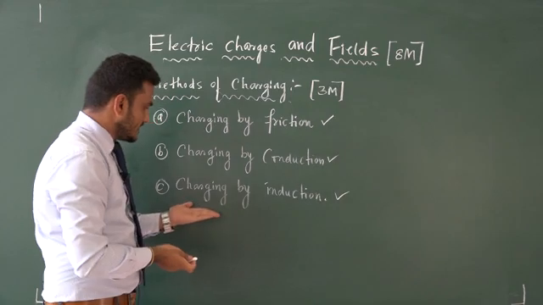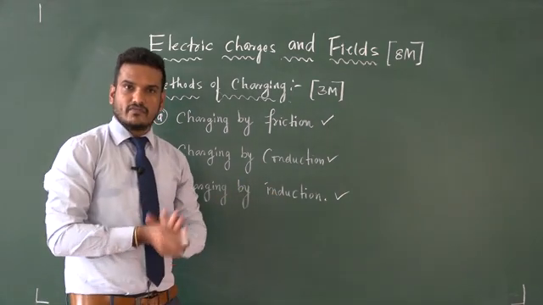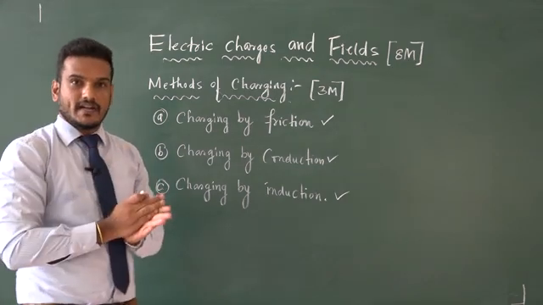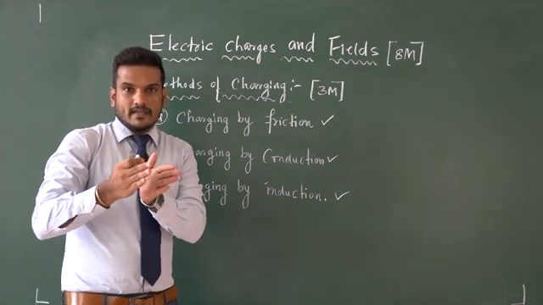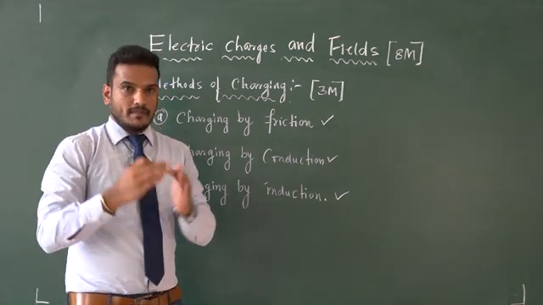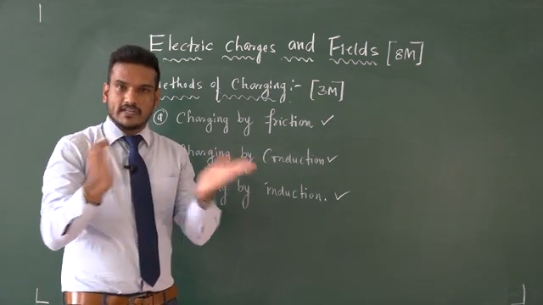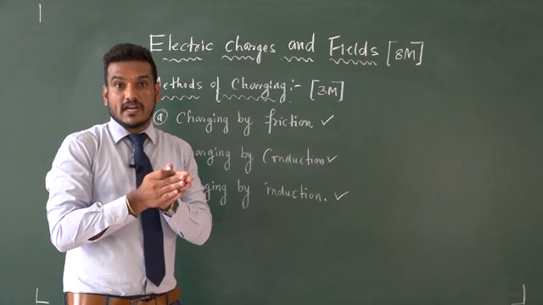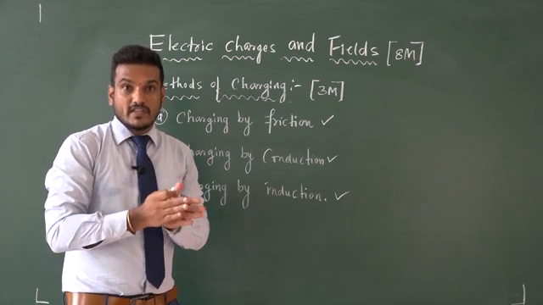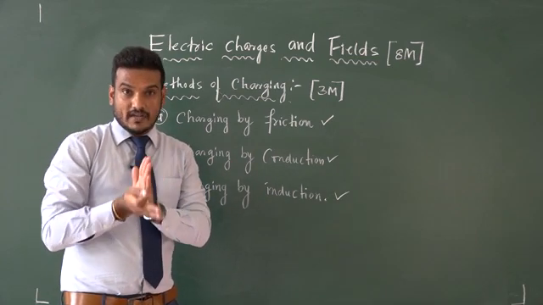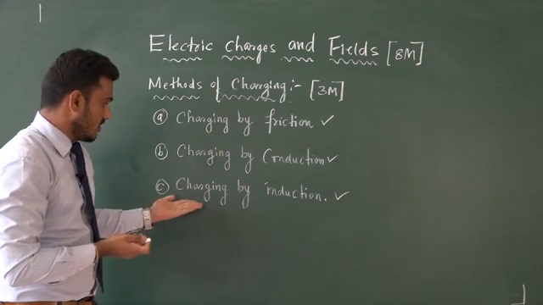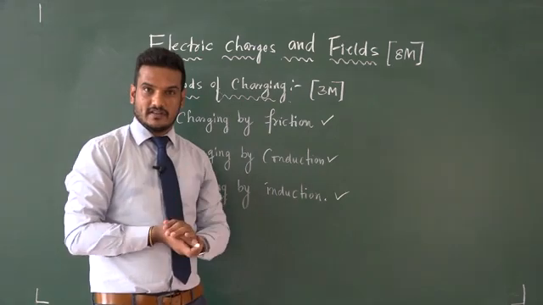Which means in the charging by induction method we need to charge a conductor. To charge that conductor, we bring a charged body, whether positively charged or negatively charged, but we are not making physical contact with each other. Without physical contact, we are charging a conductor. That process is called charging by induction.